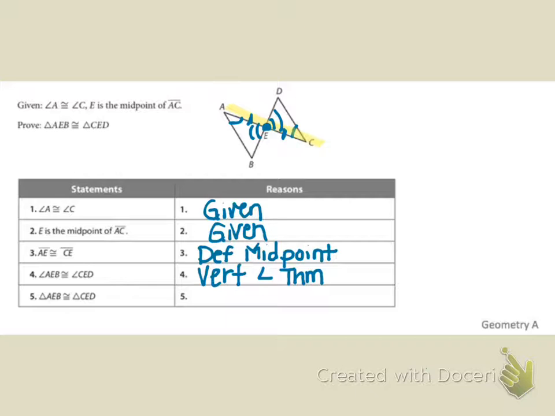Now you can see we've gotten all the things that we need. We've got 3 pairs of parts marked. We have an angle, a side, and an angle. So we have angle, side, angle congruence theorem, which is how we know the triangles are congruent.